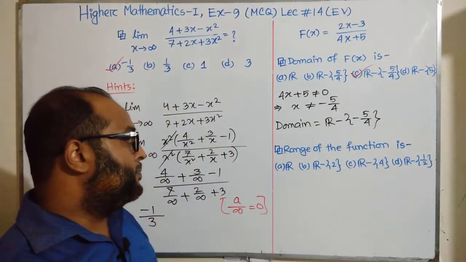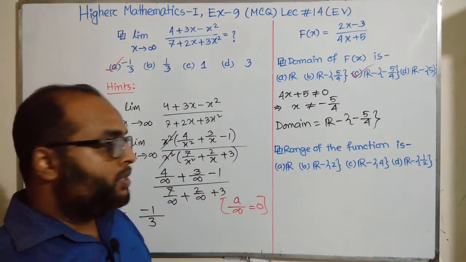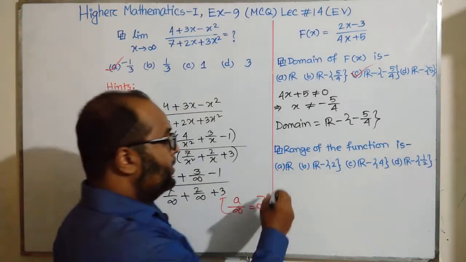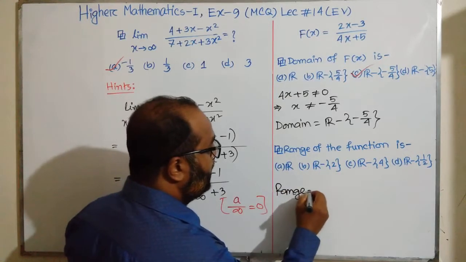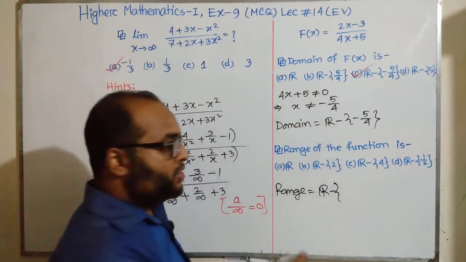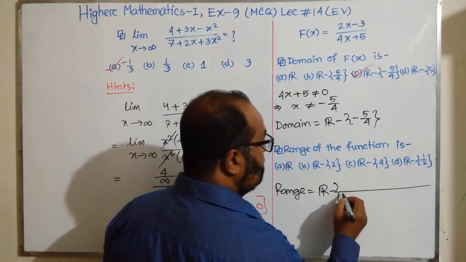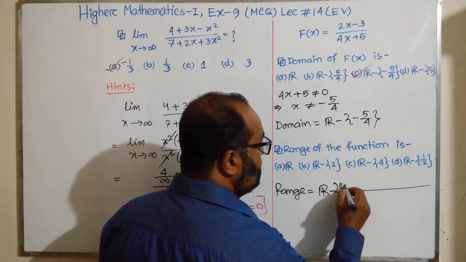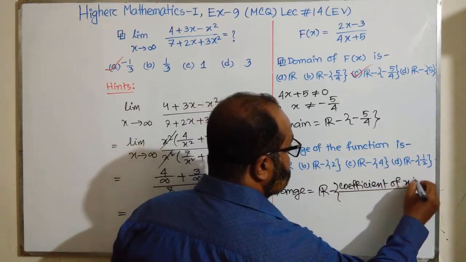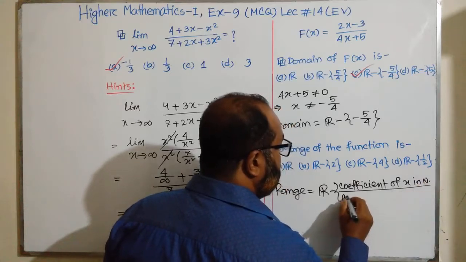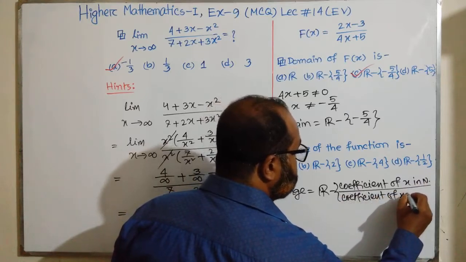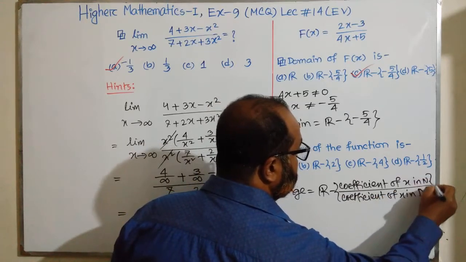And our next problem, range of the function. To find out the range of this type of function, range equal all real number minus coefficient of x in numerator divided by coefficient of x in denominator.